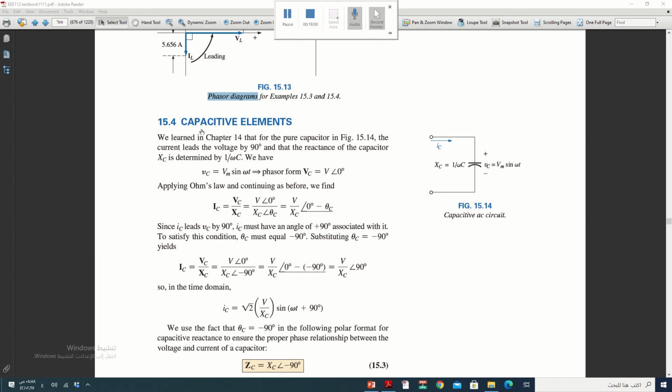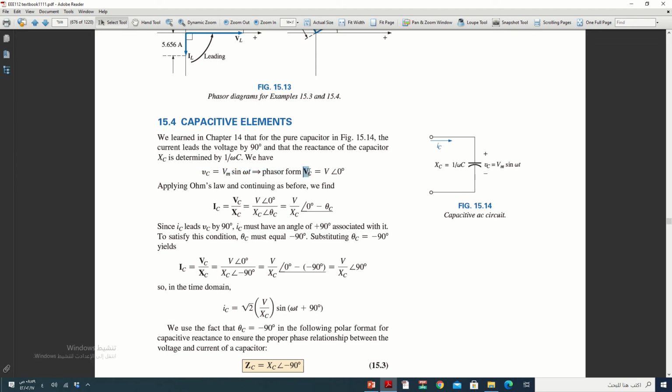Now we'll talk about the capacitive element, similar to what we did in resistive and inductive elements. Here we know from the last chapter that XC is 1 over omega C, and assume VC equals Vm sine omega t, starting from 0. We will write the phasor form.